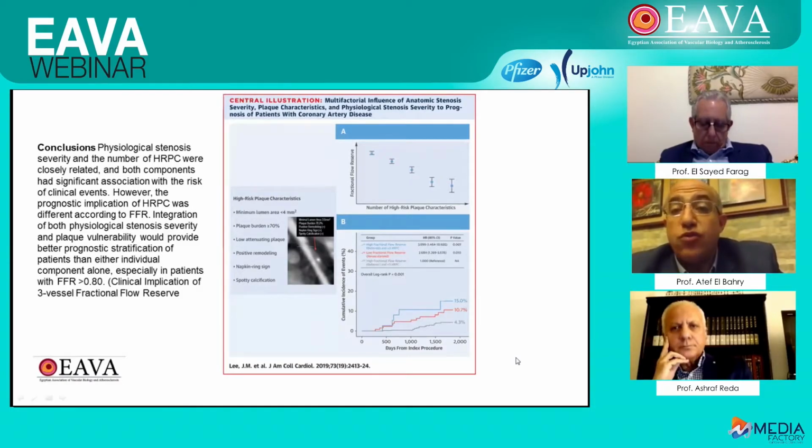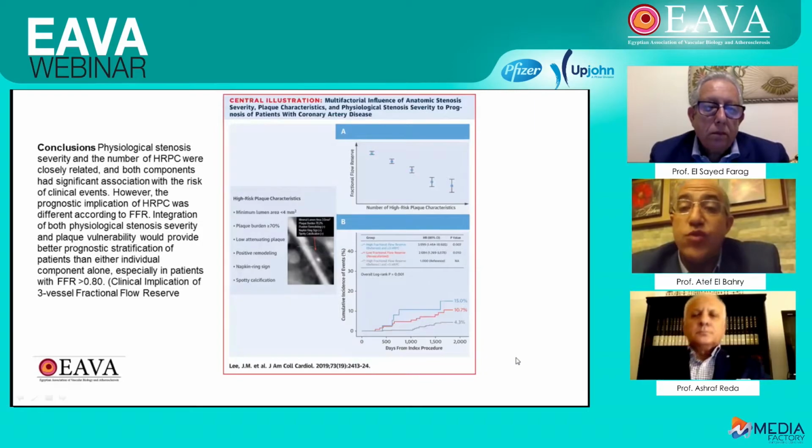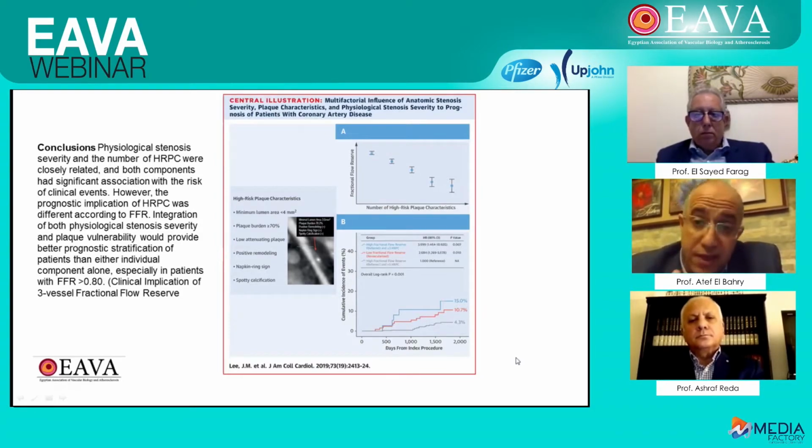Actually, it is not one factor, it's a multifactorial influence: the anatomic stenosis we see by angiography, for example, the plaque characteristics as we see by IVUS or OCT, and finally, the physiologic stenosis severity as we can assess by FFR. By combining all those modalities, we will better assess not only the lesion, but also the patient.